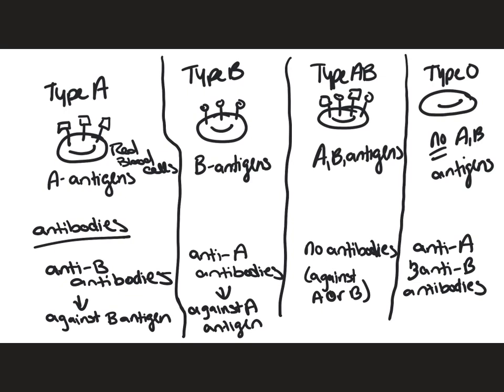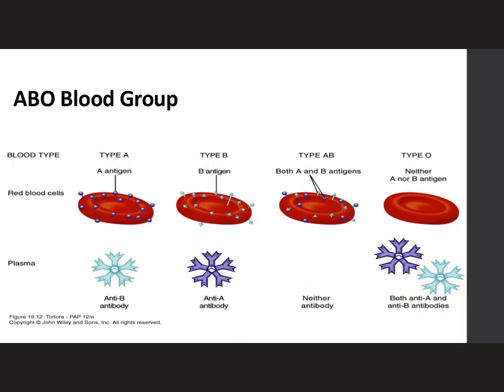And again, it's really important when you're thinking about what type of blood to give somebody that you know this section here, that you know which antibodies they have, because that's going to help you determine which blood they can and cannot have based on the antibodies that their body naturally has.